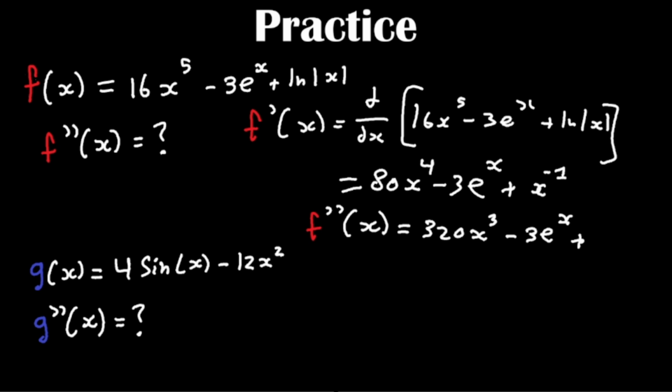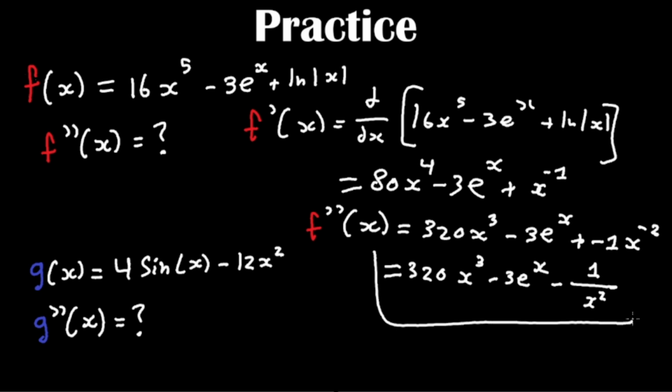And then by the power rule, the derivative of x to the negative 1 is negative 1 times x to the negative 2. So let's write our final answer: 320x to the third minus 3e to the x minus this negative 1x to the negative 2. We can bring that negative 2 power down to the denominator. So that is our final derivative.